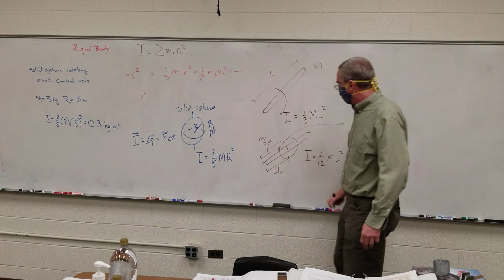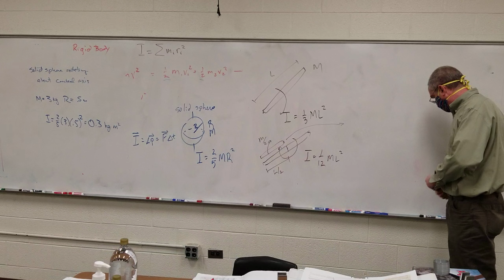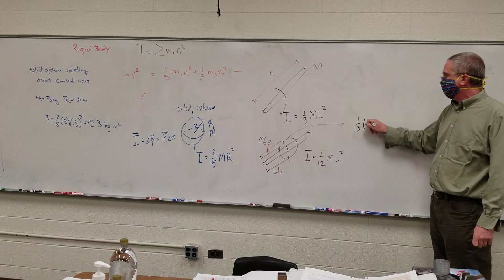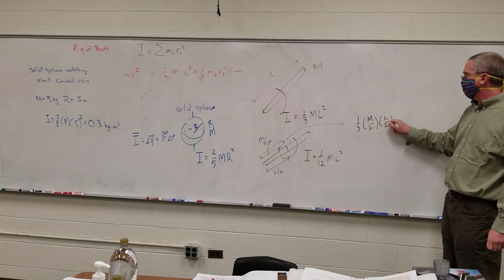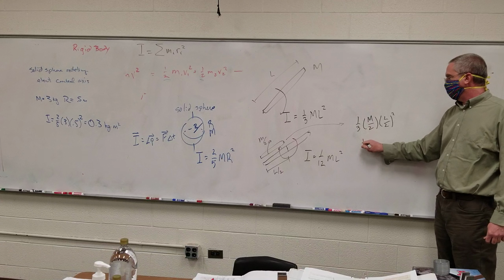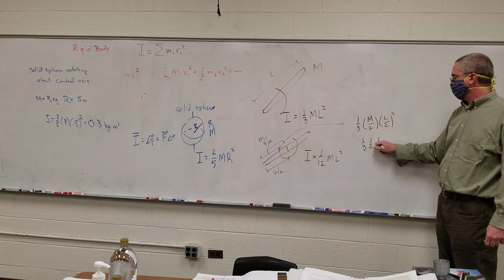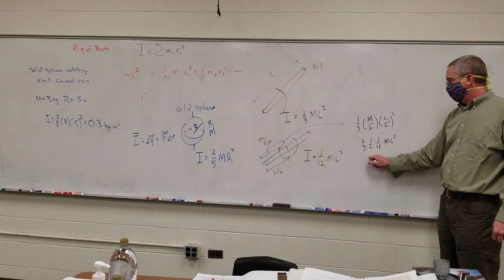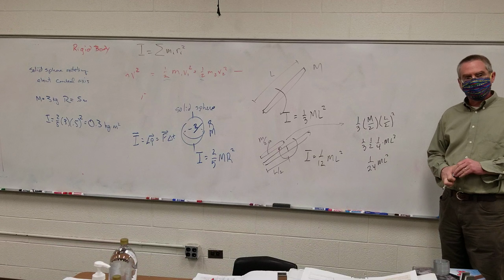L over 2. So the moment of inertia of just that half piece would be 1/3 times M over 2 times L over 2 squared, which is 1/3 times 1/2 times 1/4 ML squared, which is 1/24 ML squared.